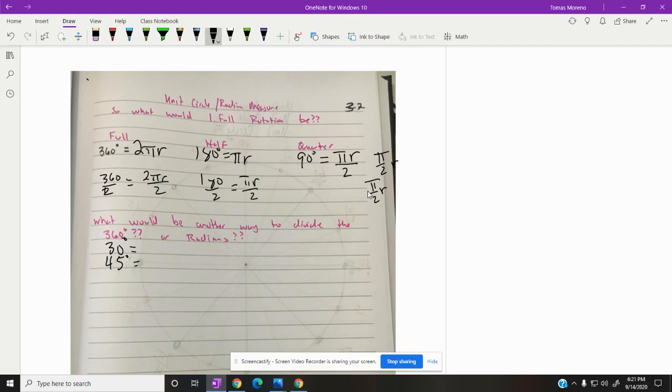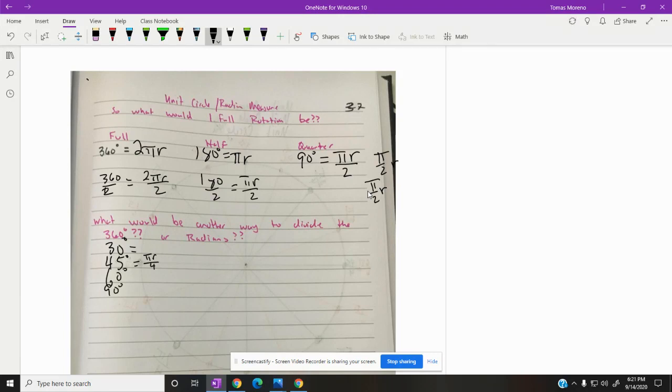Oh, which we can do, right? Because that would just be half of half. That would be this half, the quarter, cut that in half. We could do that off the top of our head. We cut this in half, that makes it pi r over 4, right?